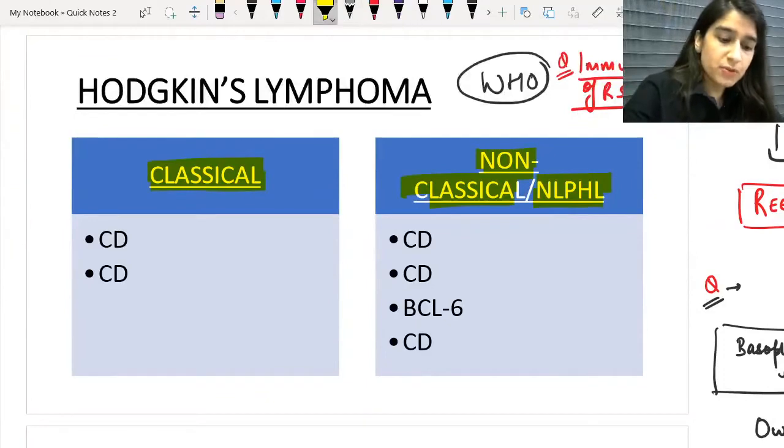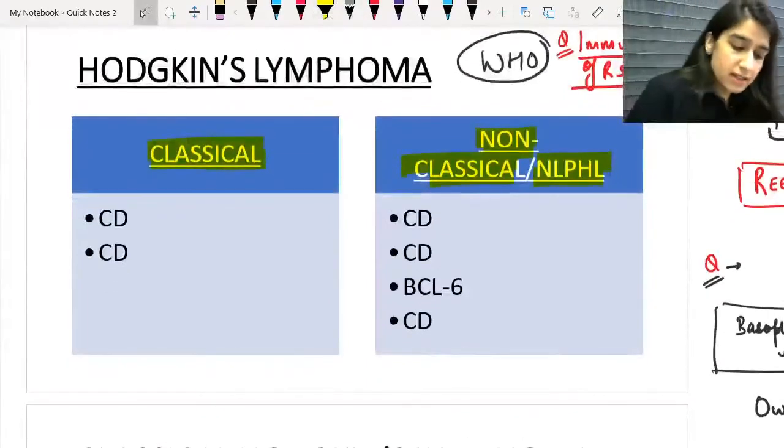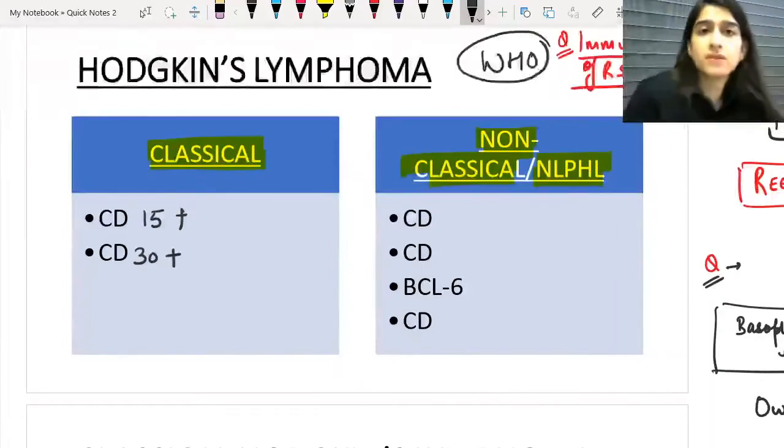The immunophenotyping of the RS cells for classical Hodgkin's is that they are CD15 positive and CD30 positive.